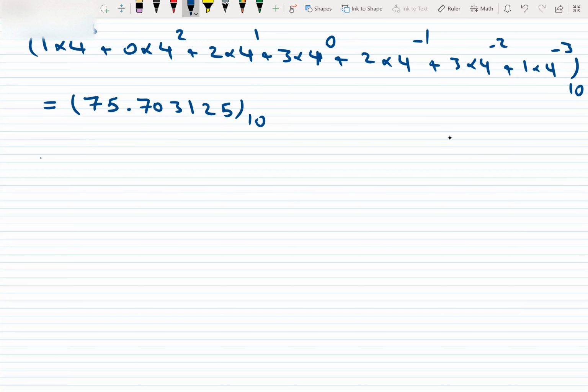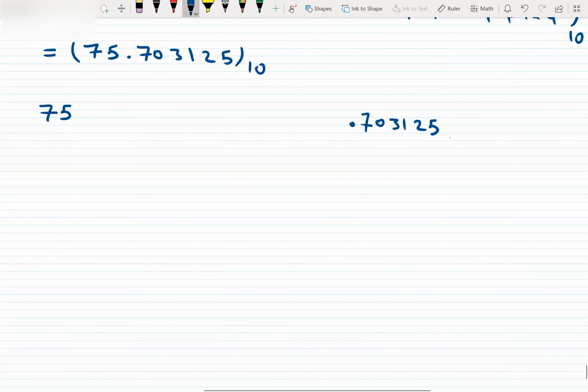So we need to first convert 75 to base 5 and convert 0.703125 to base 5. We know that in order to convert the integer part, so let me just write it here, integer part, and here is the fraction part.